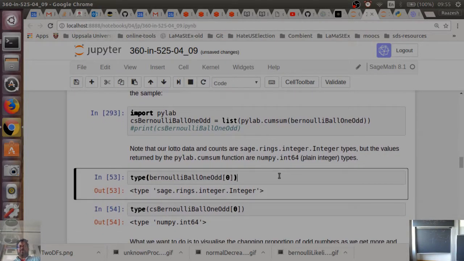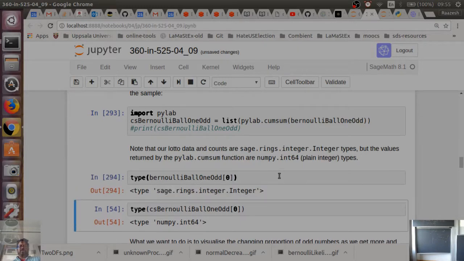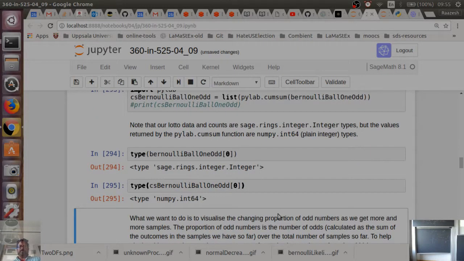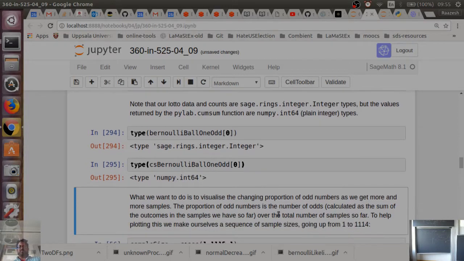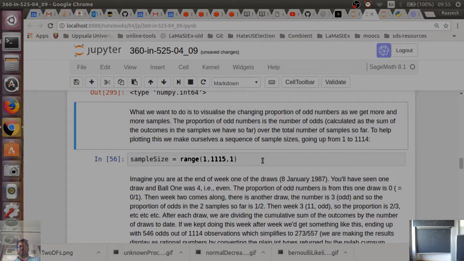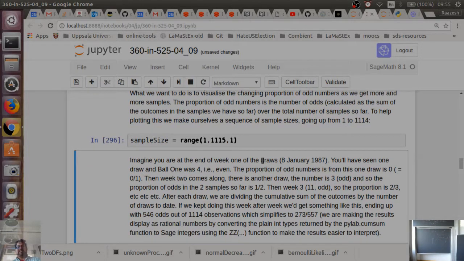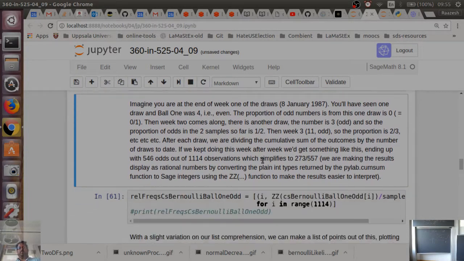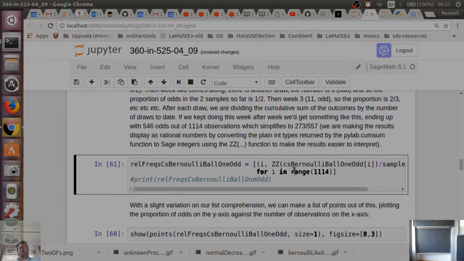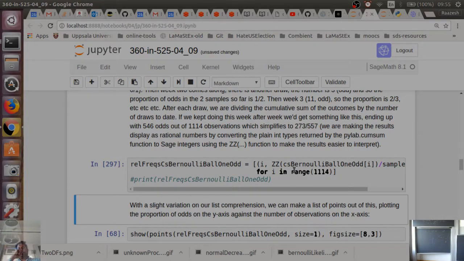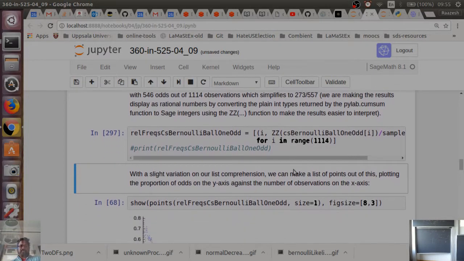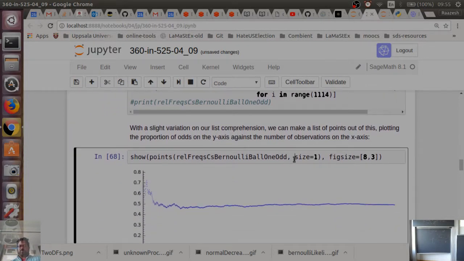So here I'm just creating a cumulative sum, just to see how, yeah, there's some types to be aware of. I'm making the sequence of sample sizes, and then I'm simply creating my relative frequency of the cumulative sums of the Bernoulli oddball data, and just plotting it.